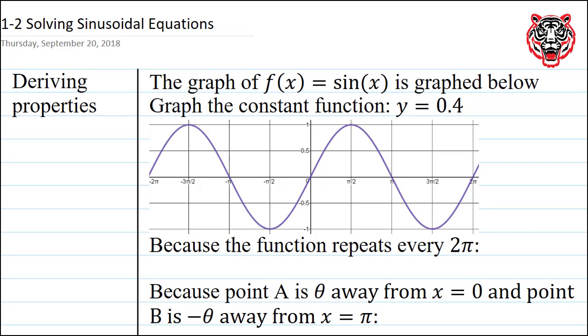So, deriving properties. We have this graph of sine of x, graphed below, and we need to graph the function y equals 0.4. So right now, go ahead and graph y equals 0.4.